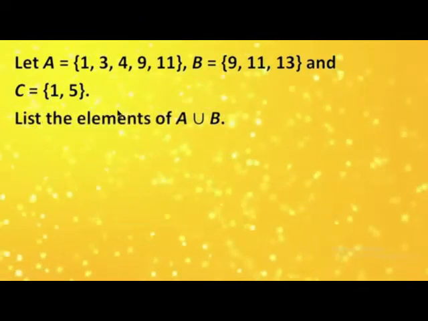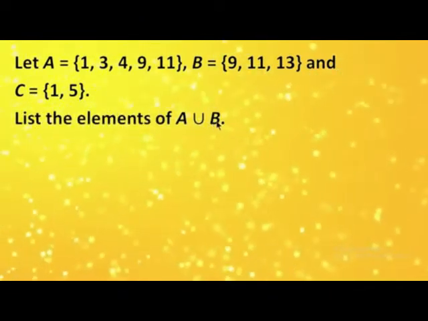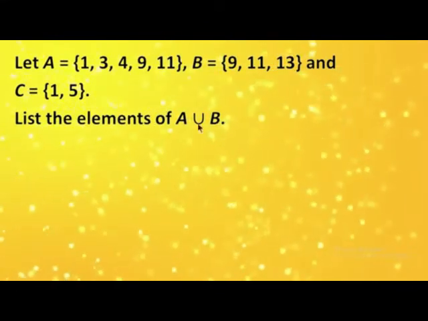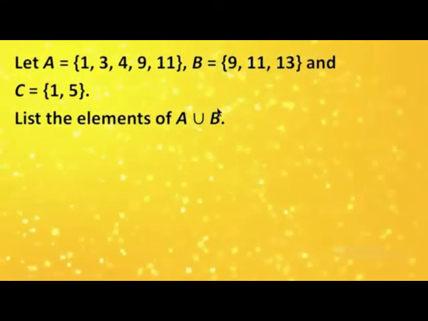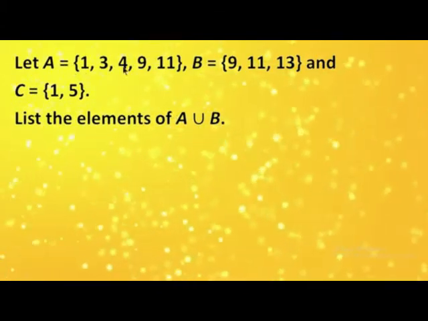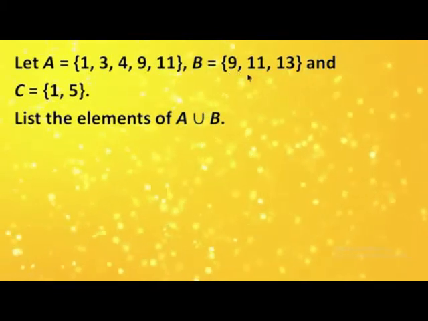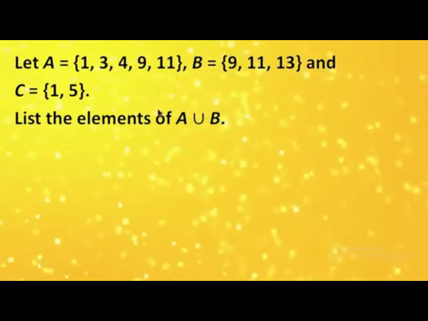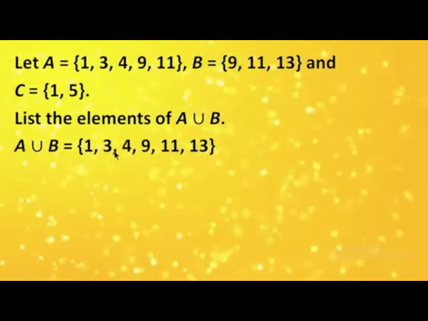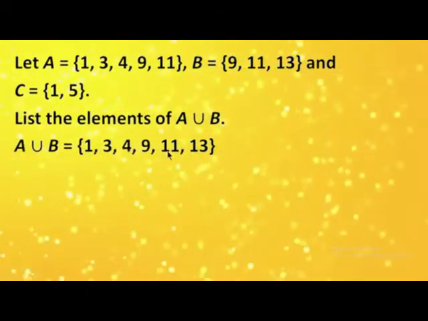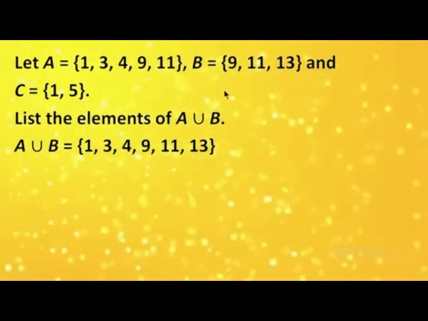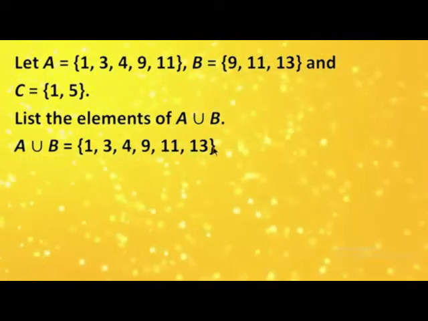List the elements of A union B. The elements of A union B are elements that belong to A or belong to B. Or the other way to say it, you list all elements of A plus elements of B. So the elements of A union B are 1, 3, 4, 9, 11, and 13. All the elements of A you write here, and also all the elements of B you write here.